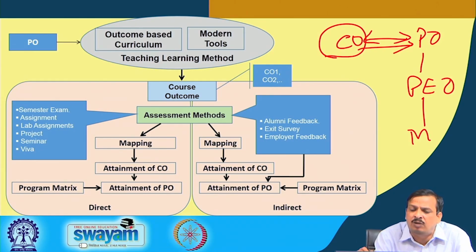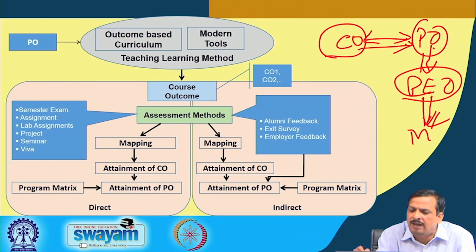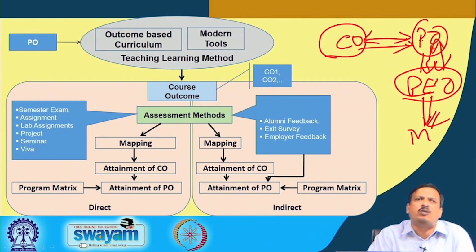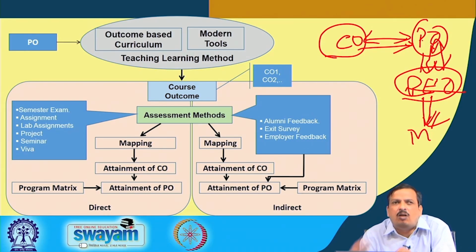Once I am able to calculate the attainment of PO, I can calculate the attainment of the mission. So, PO and mission are correlated. If I achieve PO, that means the mission is achieved. The correlation I have done tells me that if the PO is achieved, then the mission is also achieved.